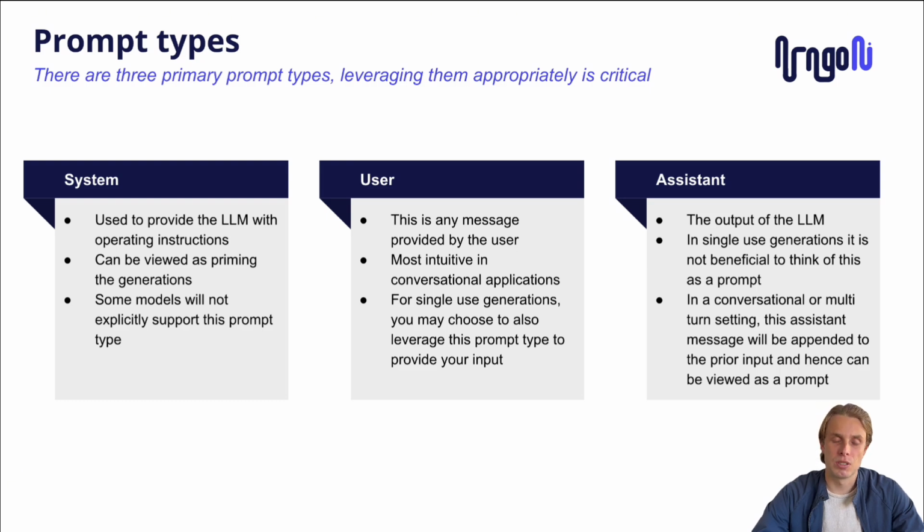So in a conversational setting, as the conversation goes on, we're passing pairs of the user and the assistant messages as input to the language model. So in this sense, we can view the assistant message as also being a prompt. But for a single use case, it doesn't necessarily make sense to specifically view this as a prompt. Regardless, these are the three primary prompt types and versions of messages that you'll be providing and receiving from a large language model.